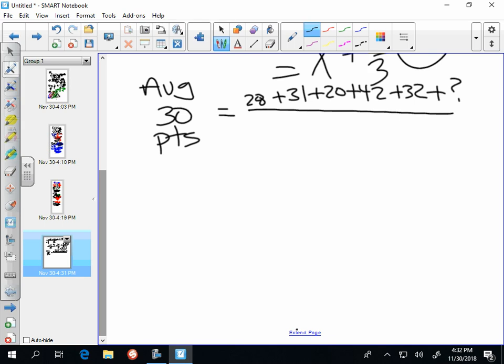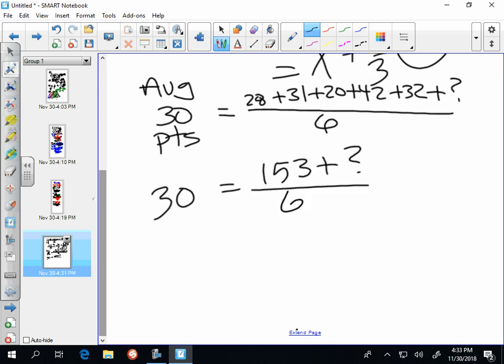I don't know, but I know I'm supposed to take the total of all those points, divide by 6, and the result will be 30. Now I can tidy up the top here, and I get 153. So 30 equals 153 plus question mark over 6.